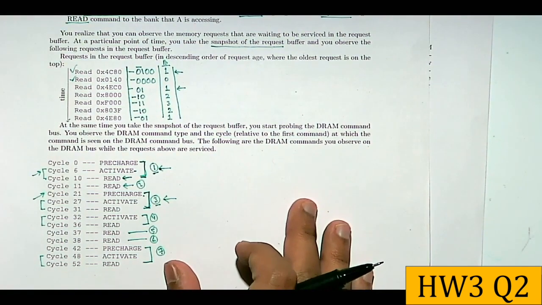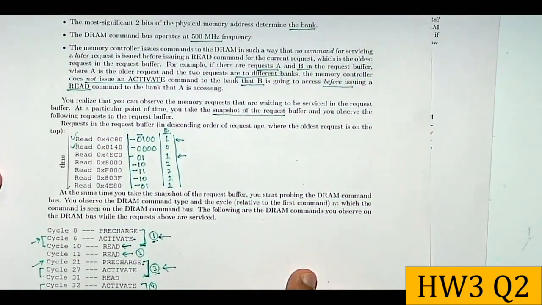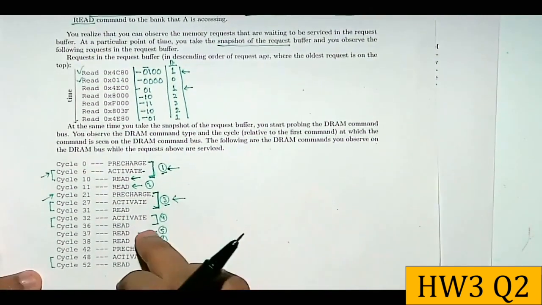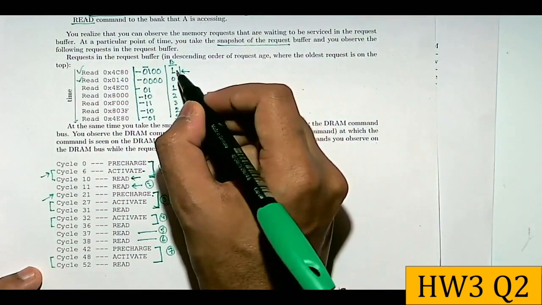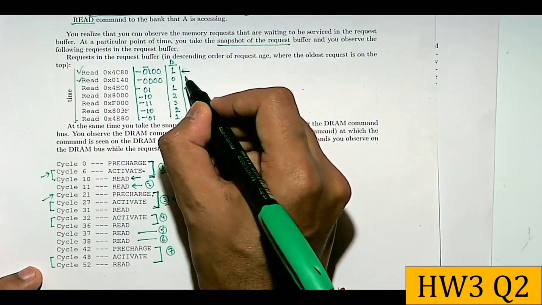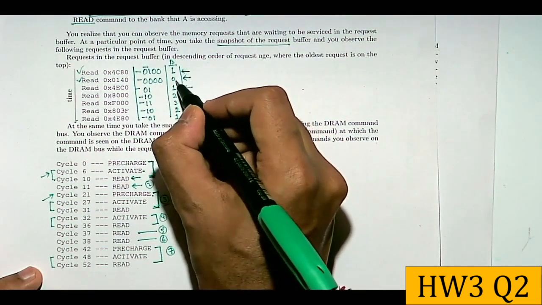And what does that point say? For example, if there are requests A and B in the request buffer, A is the oldest request, and the two requests are to two different banks, the memory controller does not issue an activate command to bank B. That's right. So what does this mean here? Let's say this is the access, and the second access goes to a different bank, right?